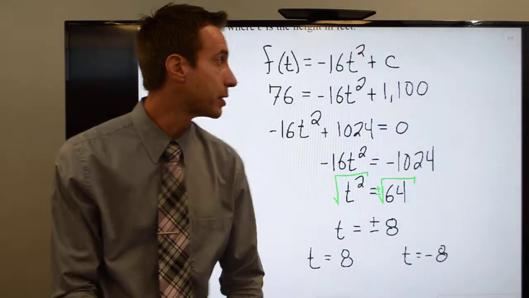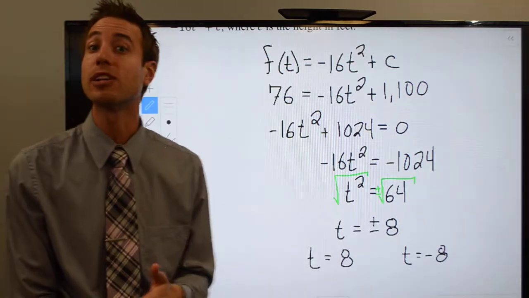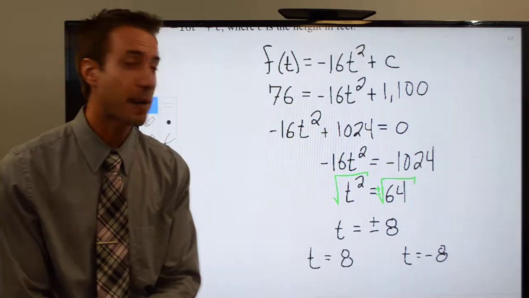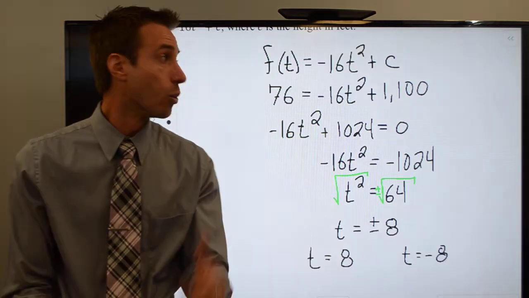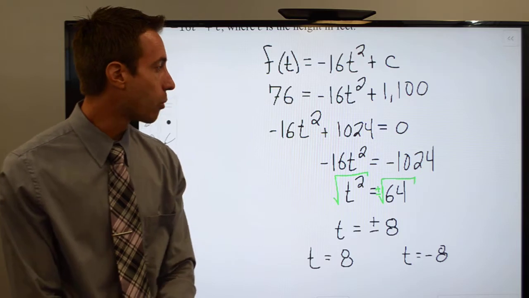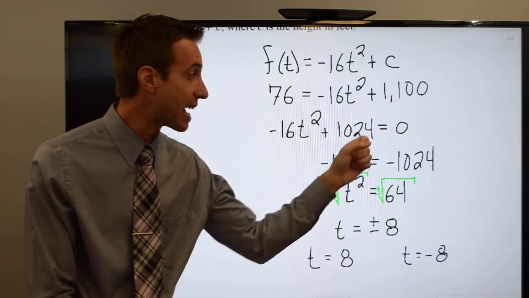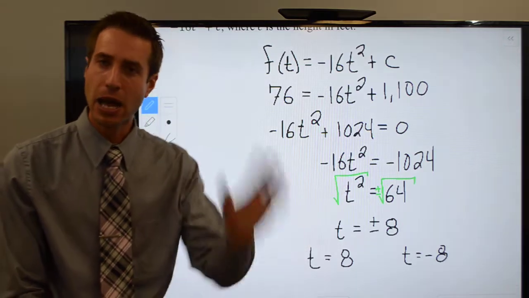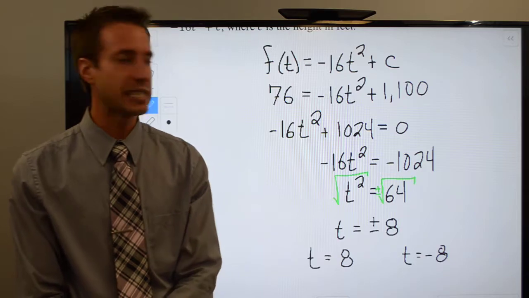Now, before we talk about my two answers, again, just real quickly, let me review with you why this one was so much simpler than some of the ones we've seen in the past. It was because that middle term, that bx, was missing, right? What I wind up with here is ax squared. There is no bx, and this is my c, right? When that middle term, that bx, is missing, it's really, really easy to solve these.